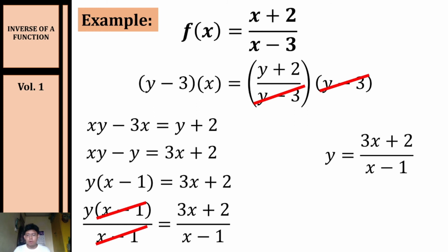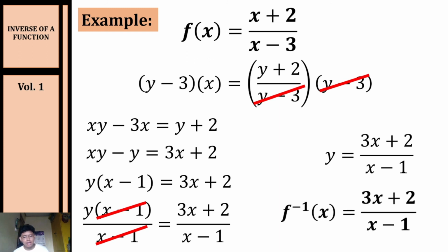So we will have y is equal to 3x plus 2 all over x minus 1. Now that we isolated our variable y, we can now change variable y to its inverse function notation. So we have our final answer. The inverse of f of x is equal to 3x plus 2 all over x minus 1.